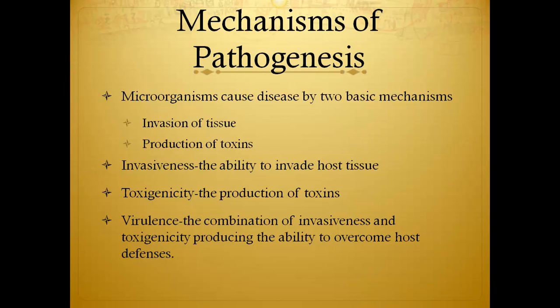So how does pathogenesis occur? Well, several ways. It can be direct person-to-person spread. That's considered a horizontal transmission. Or it can be more of a vertical transmission, which relies on the persistence of the agent to transfer infection from parents to offspring.